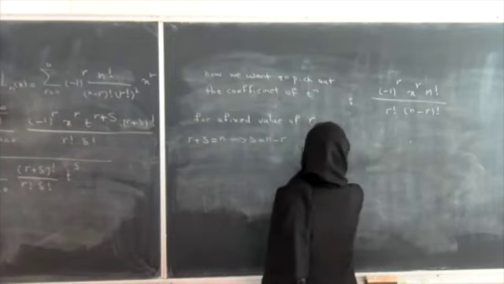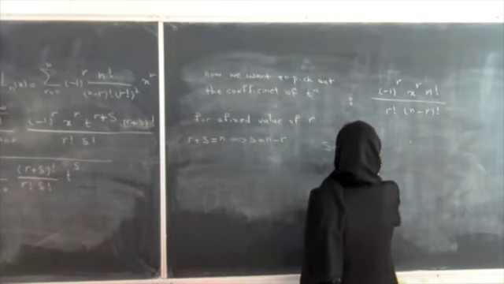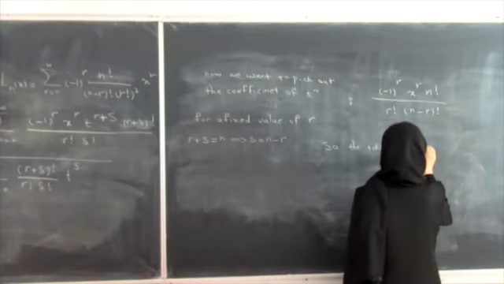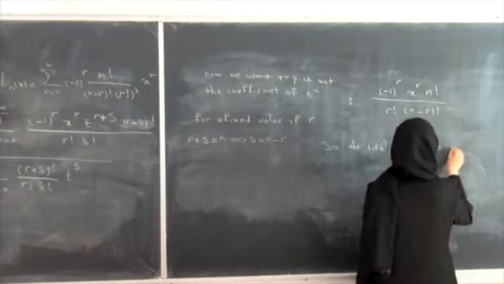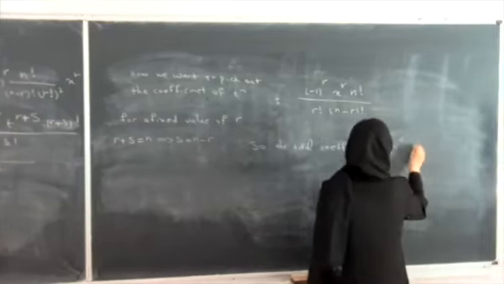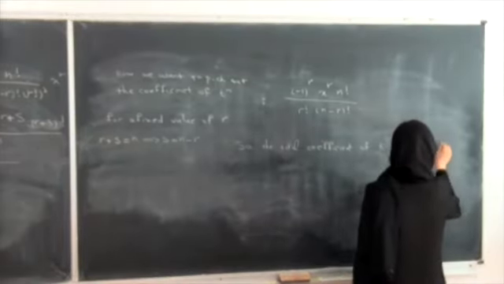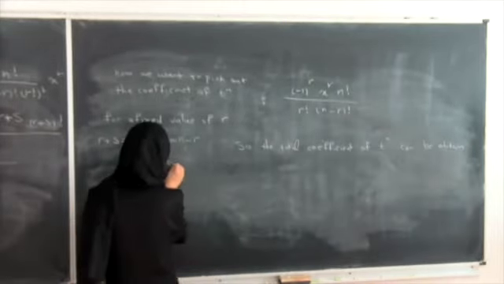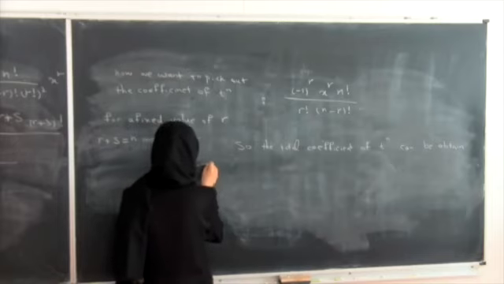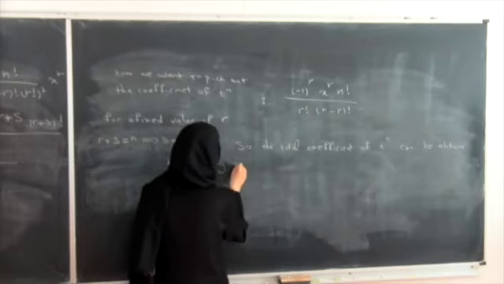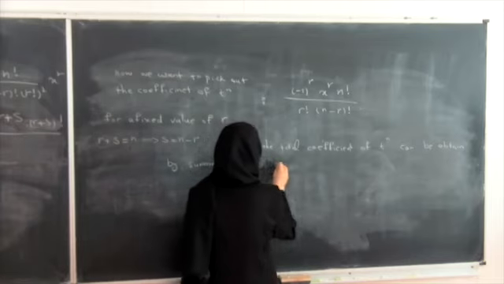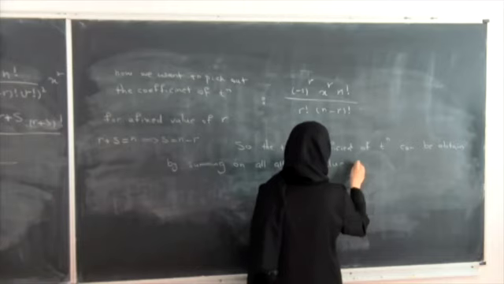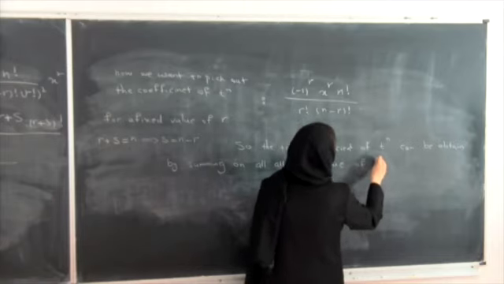So the total coefficient of t^n can be obtained by summing over all values of r.